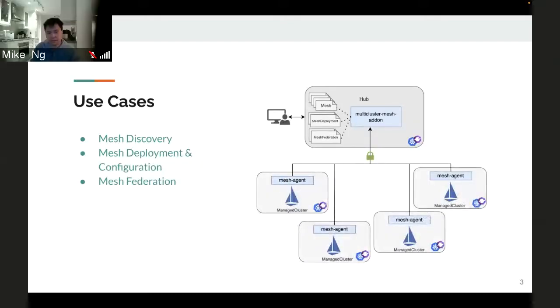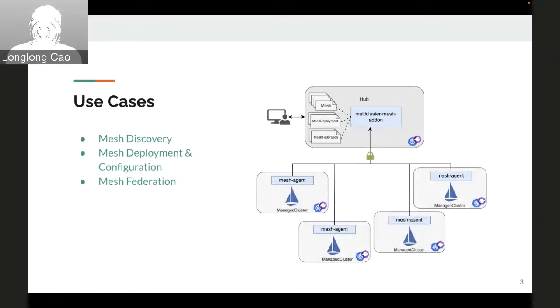Let's talk about the use cases. Currently, we want to focus on the mesh level. It means that it's focused on the control plane of the service mesh. The first use case is about mesh discovery.